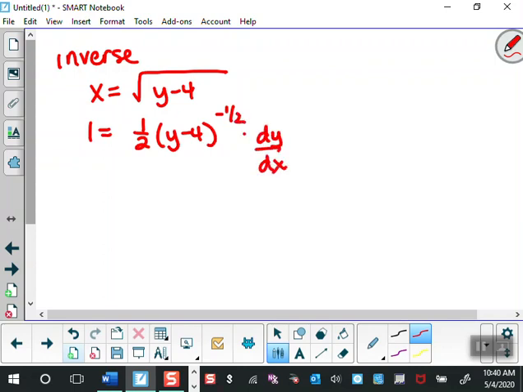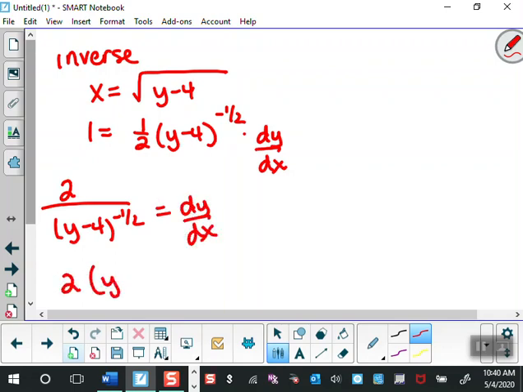Take the derivative implicitly. And so 2 over (y minus 4) to the negative 1/2 is dy/dx. So there's that derivative again. That's the derivative of the inverse. Oops, dx. It's just what do you put in for that.